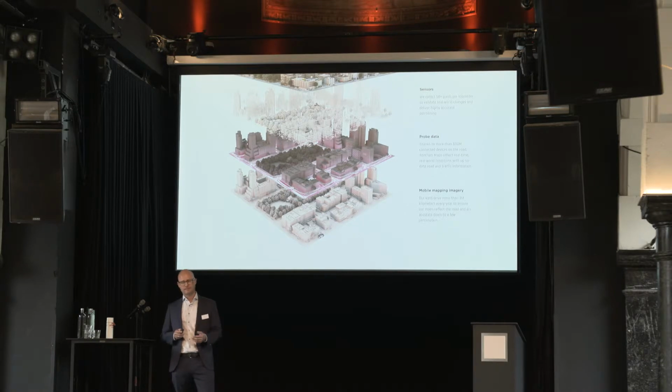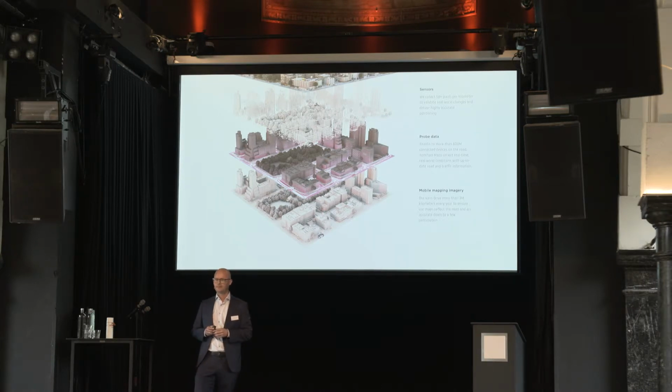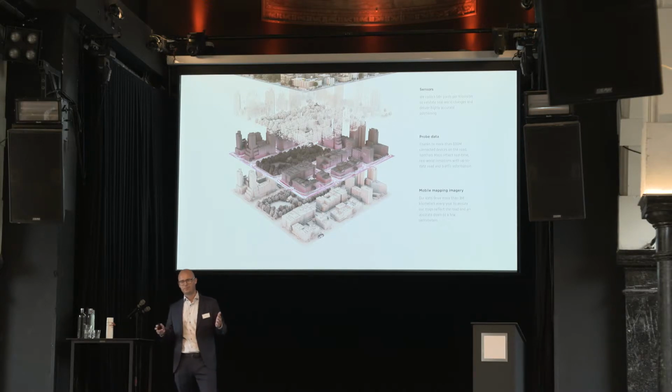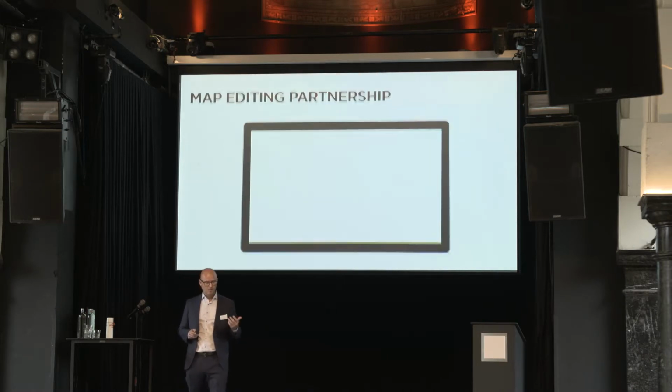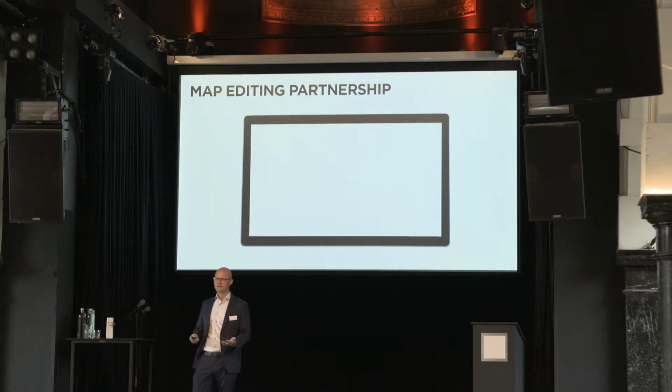But we didn't stop there. We were sitting down and saying, how can we help our customers help their customers even better than what we're doing today? So basically trying to delight, you could say, through the whole channel. And that's how we came up with what you heard before, the map editing partnership.